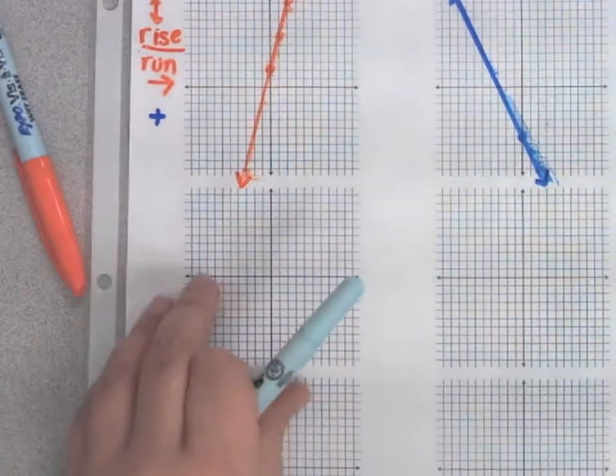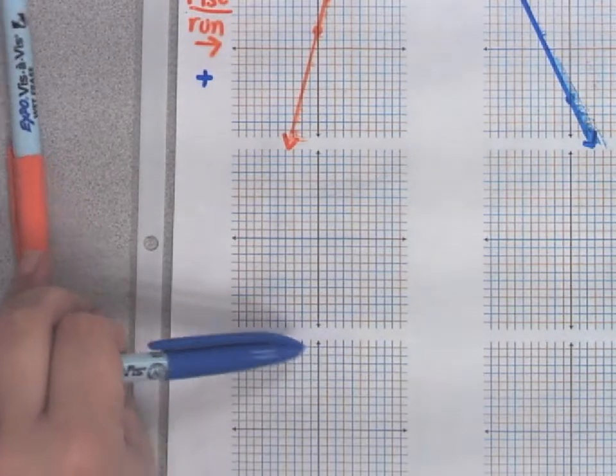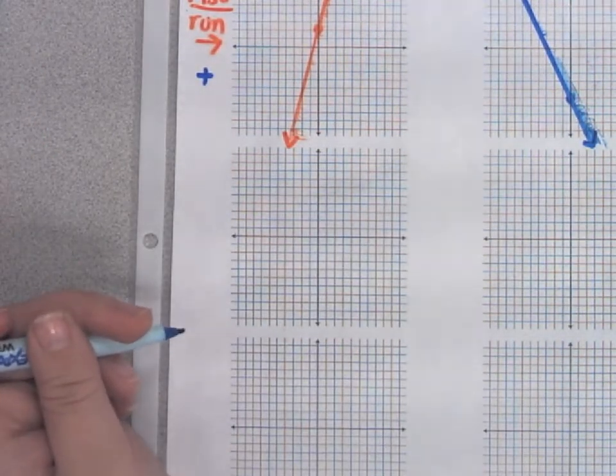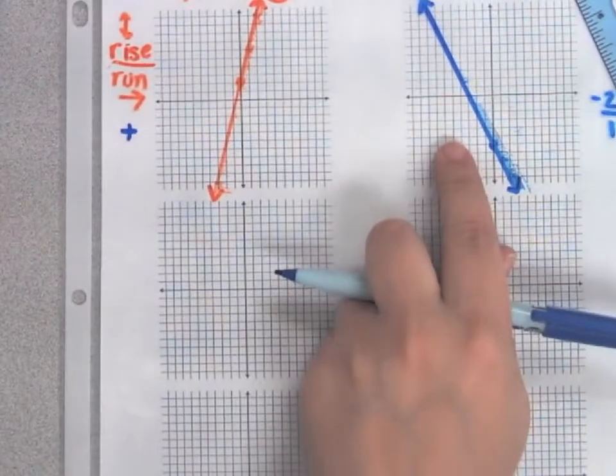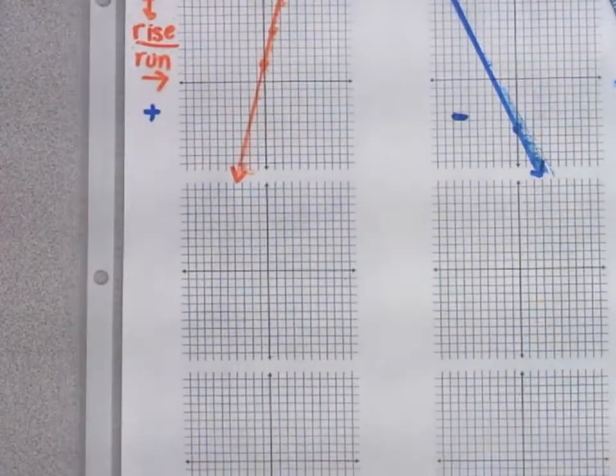Letter B. We did okay? What kind of slope is this one? Negative, right? Because it's a negative number.